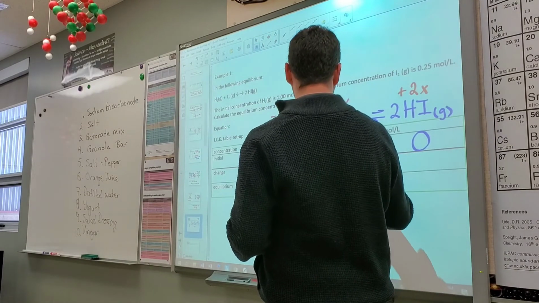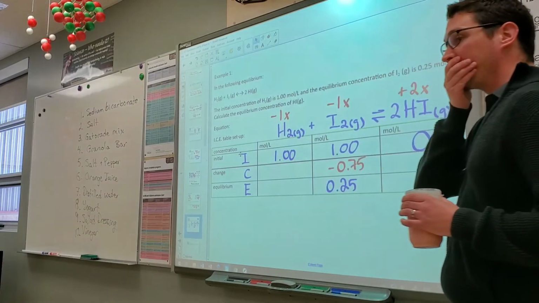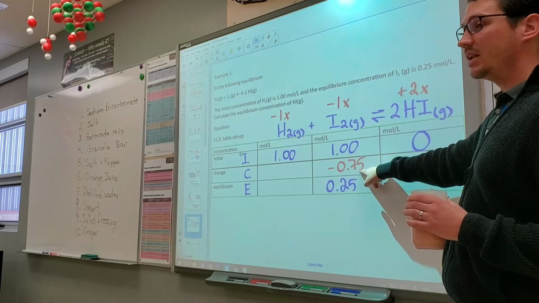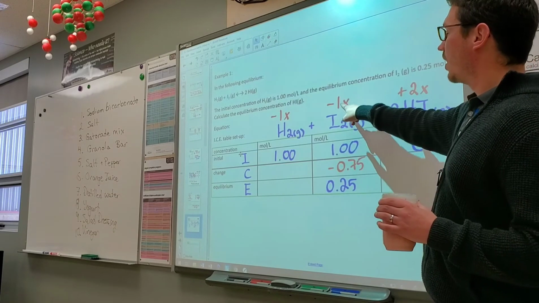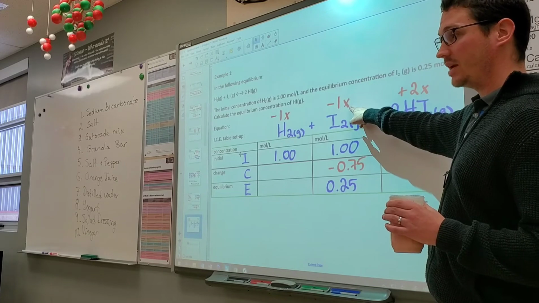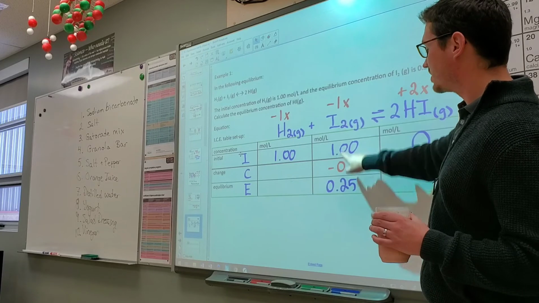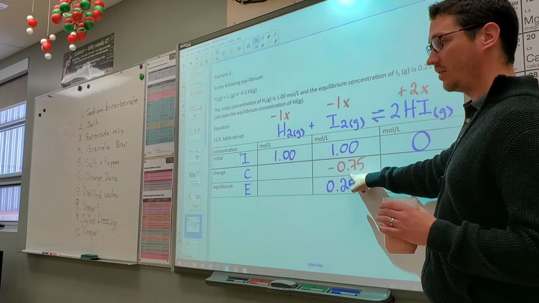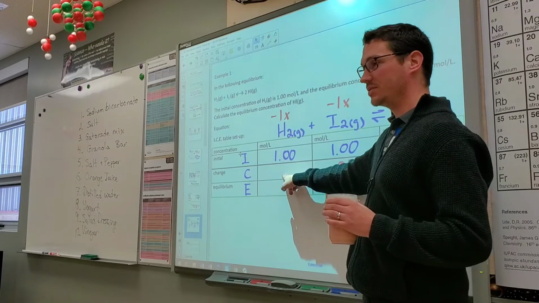Well, this is really interesting. Our change was negative 0.75, so what that means is our x was 0.75. Does that make sense? We lost 1 something, and that something was 0.75. So how much of this did we have to lose as well?